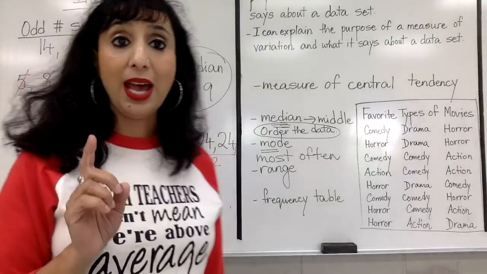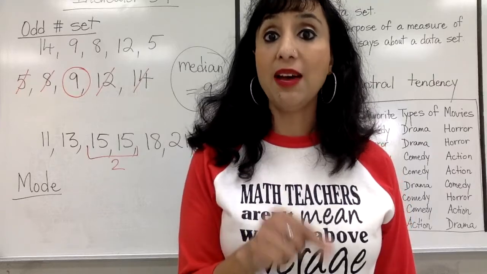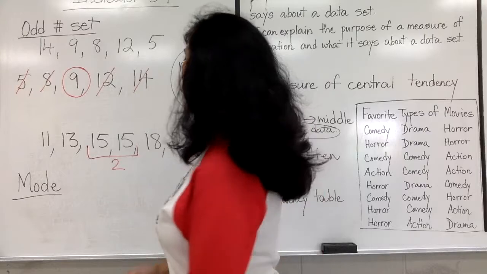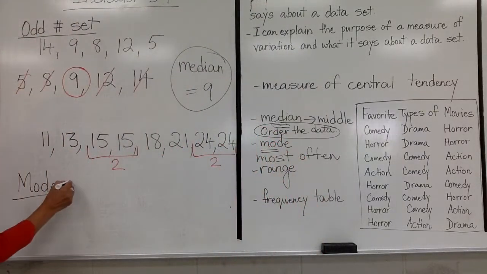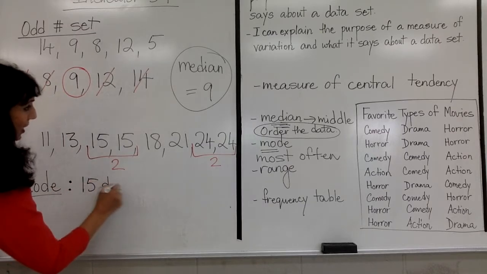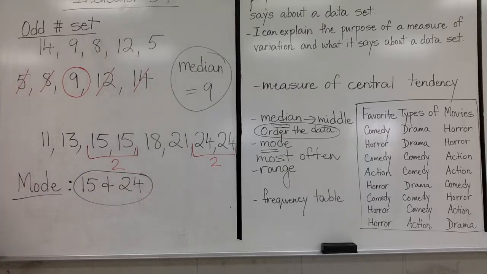So as I said, you can have no mode, you can have one mode, or you can have more than one mode. Okay, so in this case, because 15 and 24 are occurring the most, my mode is going to be 15 and 24. These are both my modes.